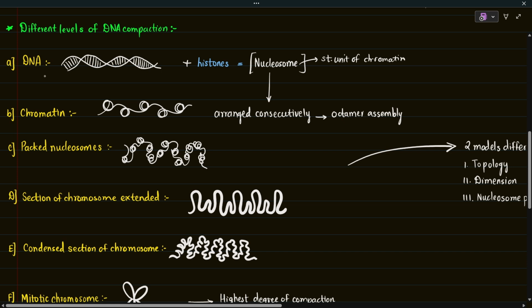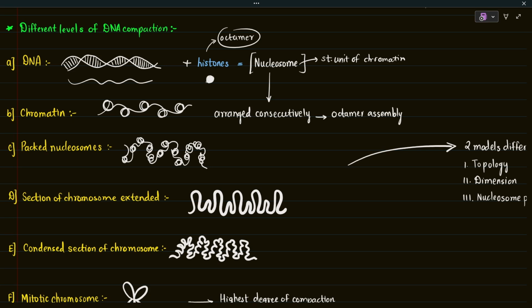Now imagine the DNA is a thread and the histone is a button. It's actually an octamer, but this is not a matter of concern right now. So imagine the histone protein octamer is like a button and DNA is like a thread.